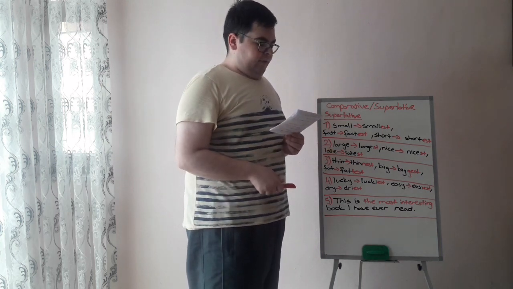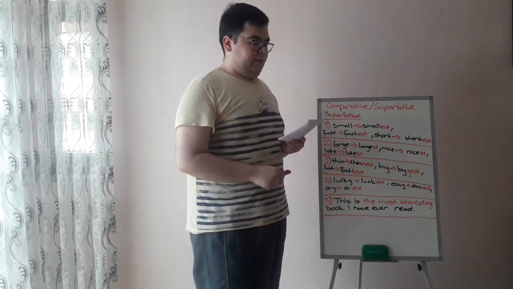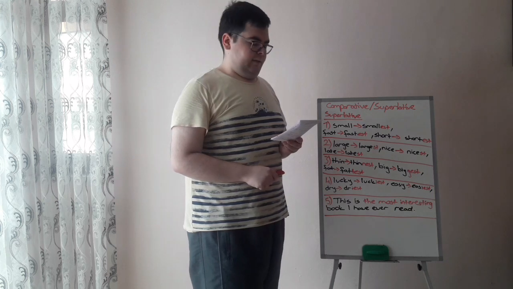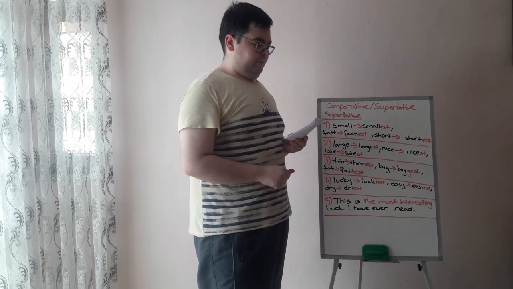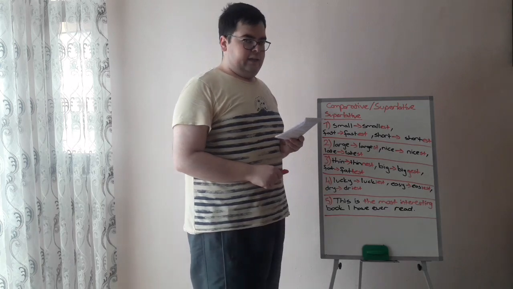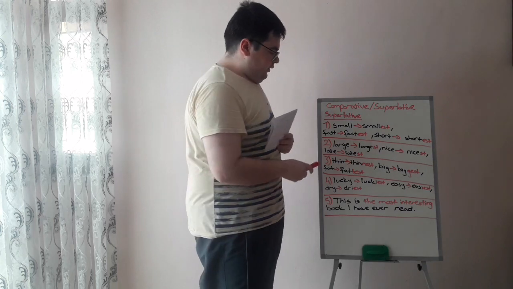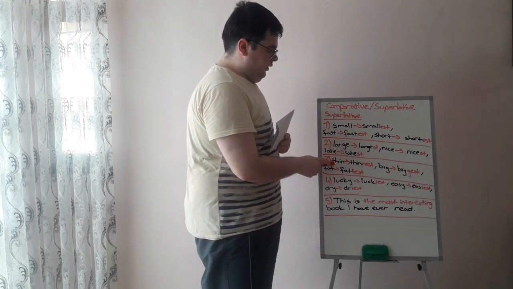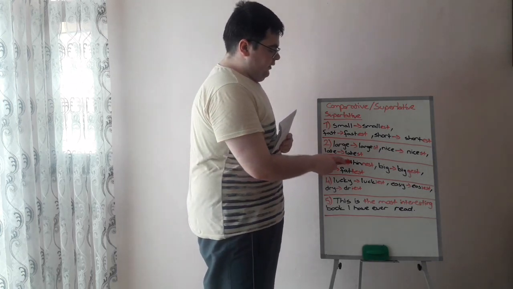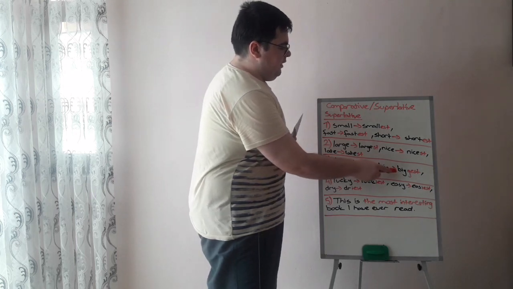We add another consonant plus EST for adjectives that end in vowel plus consonant, for example, IG, AT, OT, or IN. Let's look at our examples.